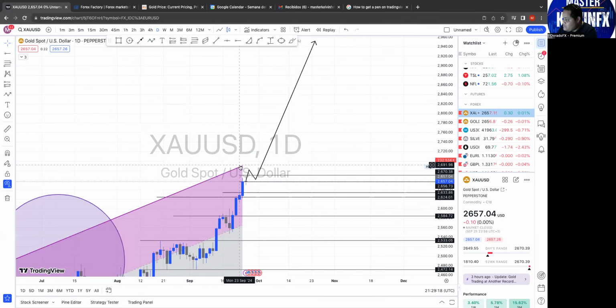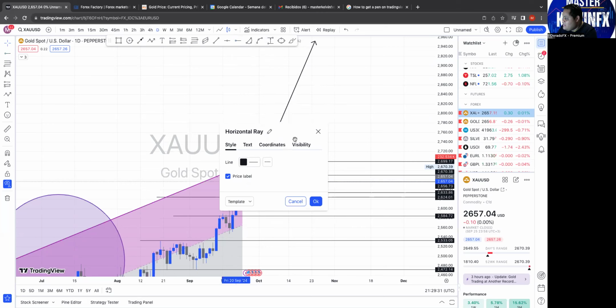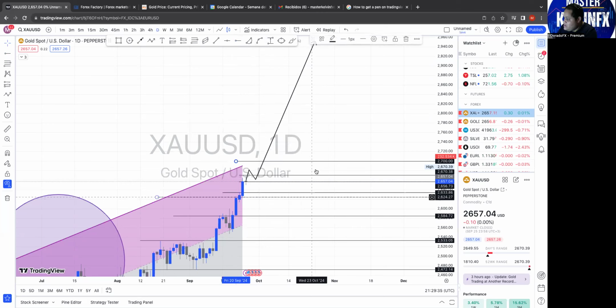But if we manage to break this price here, 2,700, that will be our clear indication of going up. Okay, so we need to wait for that break, and then we can basically say that gold is going to go up, the breaking here, and then we have the zone here.